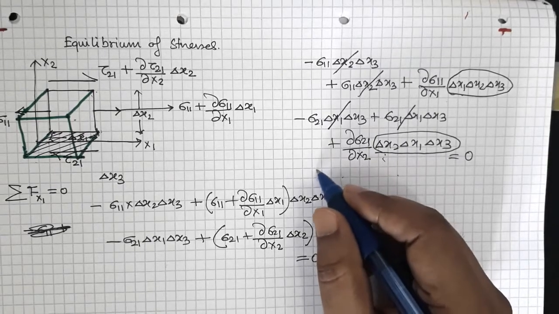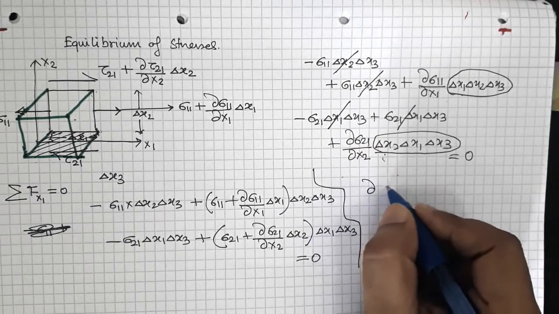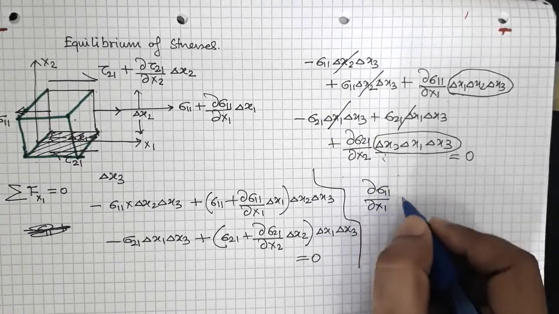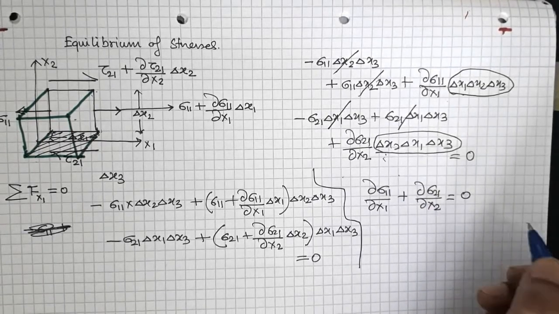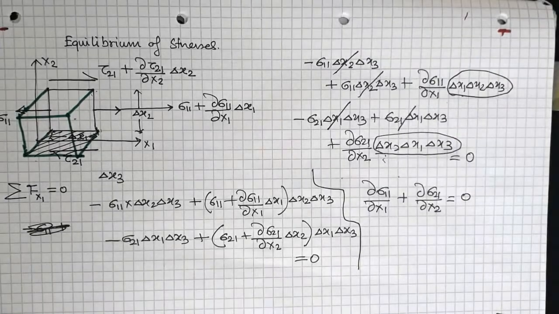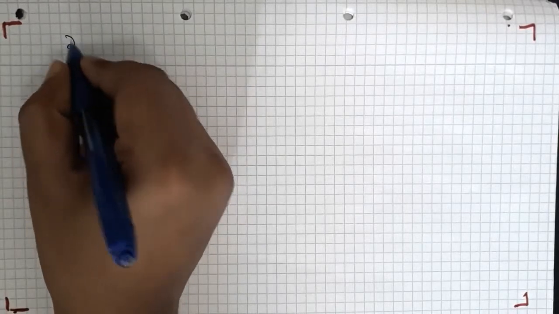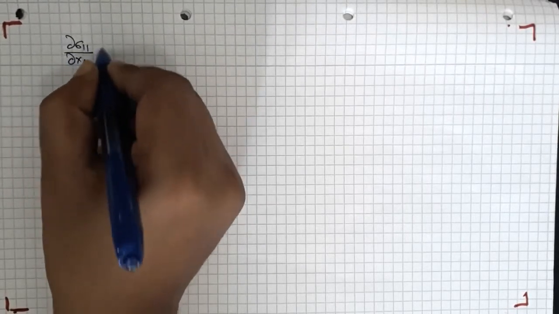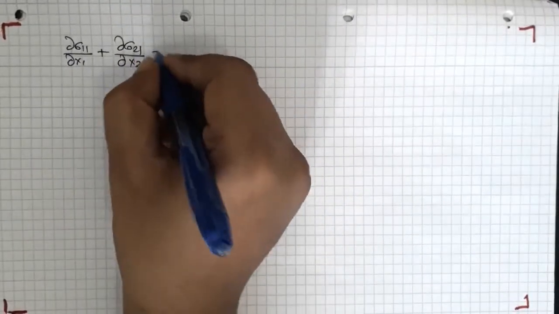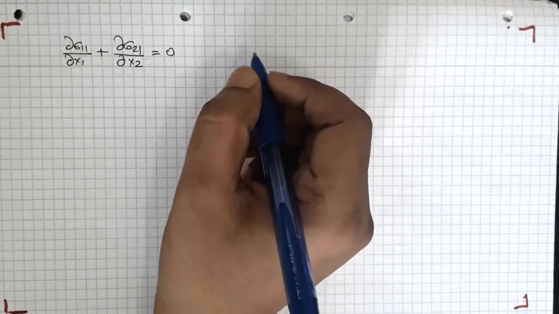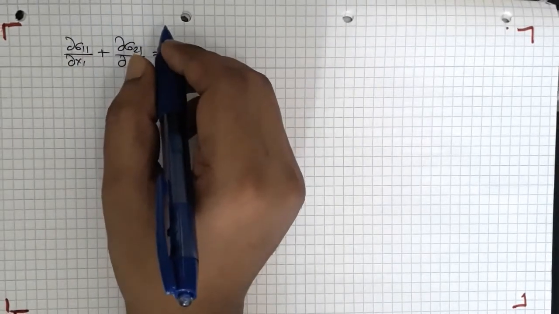So what we have remaining is del sigma 11 by del x1 plus del sigma 21 by del x2 equals 0, right? So our equation was del sigma 11 by del x1 plus del sigma 21 by del x2 equal to 0, and this is what we got by doing force balance in x1 direction using the two-dimensional stress element.